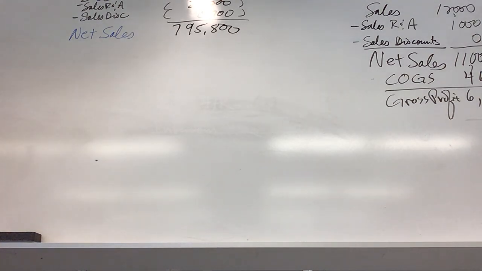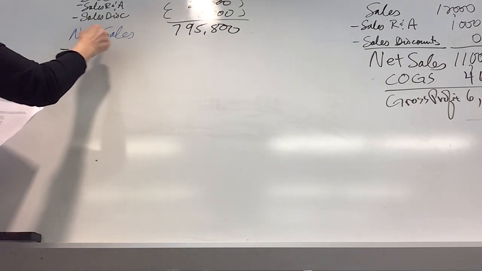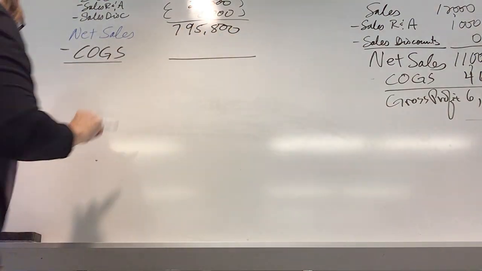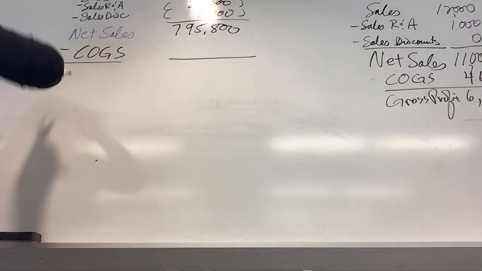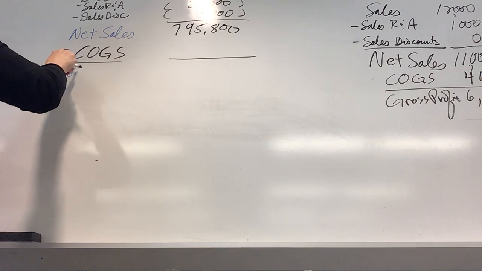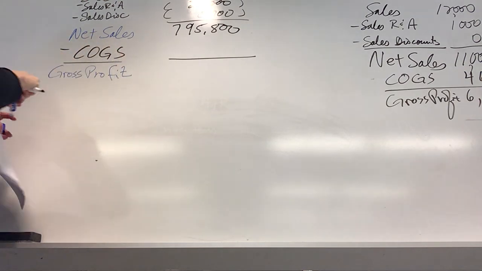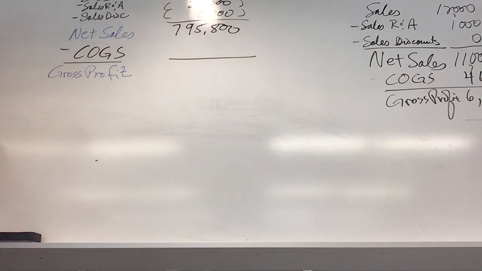Then, well, the next subtotal is gross profit. So we have to subtract cost of goods sold. And that'll give us our gross profit. So again, the main thing we're changing here, we still have revenue minus expenses, but now we're a merchandising company, and we're going to do a lot of subtotals. That's why I'm putting these in blue.